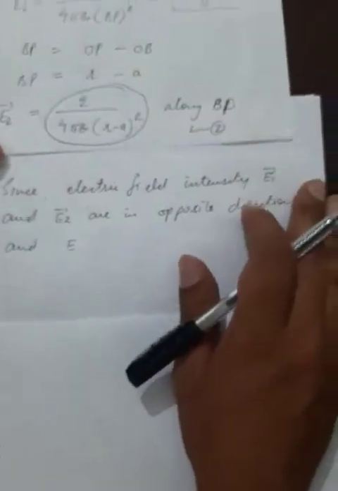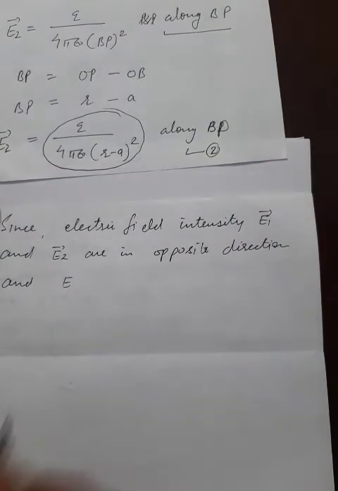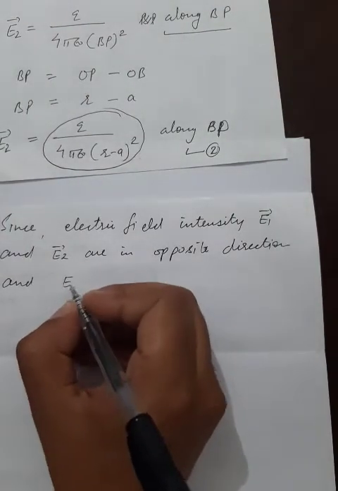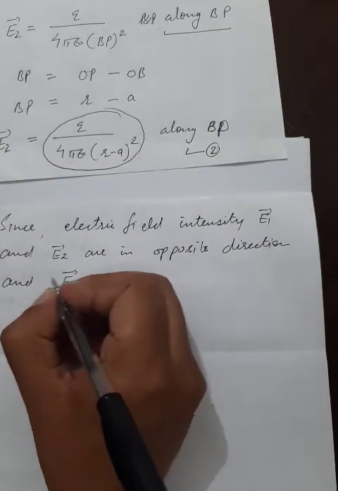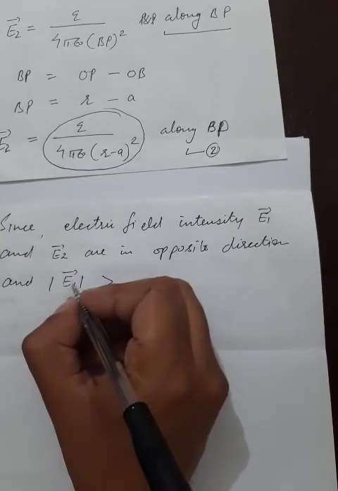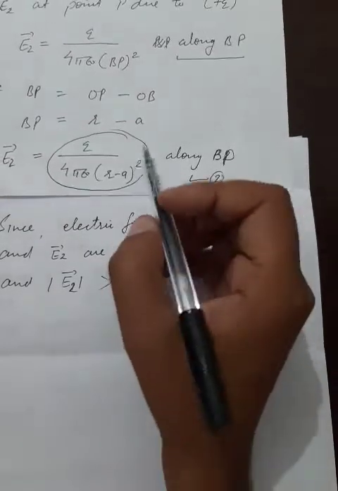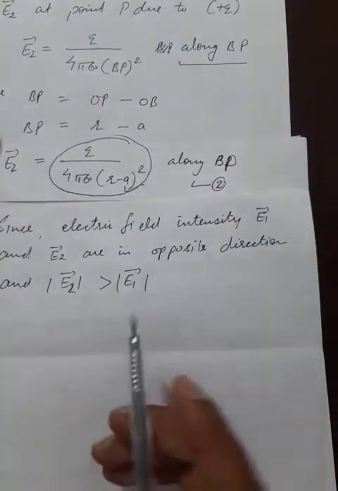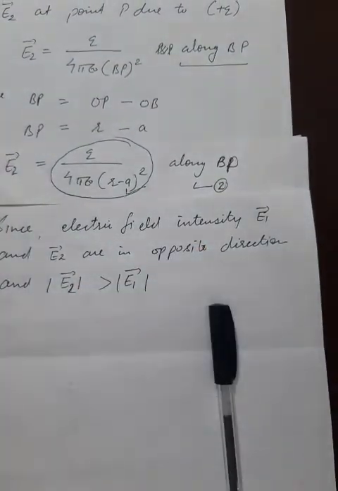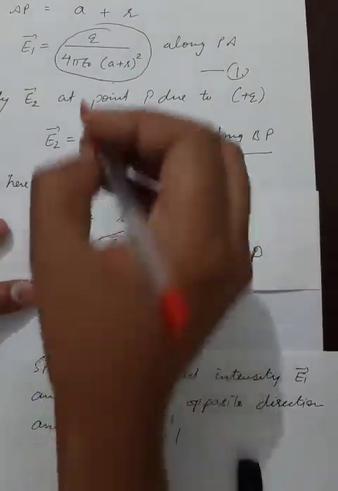So therefore I write electric field intensity E1 and E2 are in opposite direction, and magnitude of E2 is greater than magnitude of E1, because denominator of E2 is smaller than the denominator of E1, and the remaining part is the same in both. This is the same in both, Q over 4 pi epsilon naught.